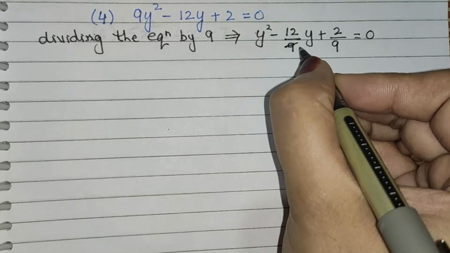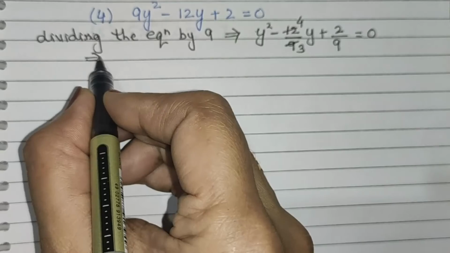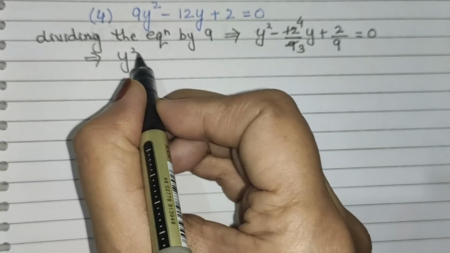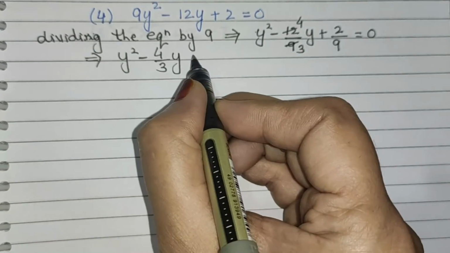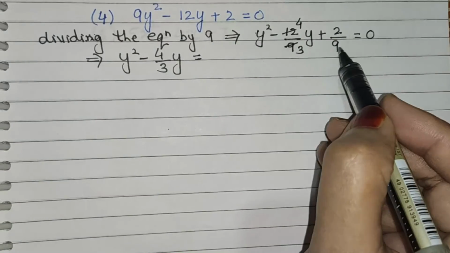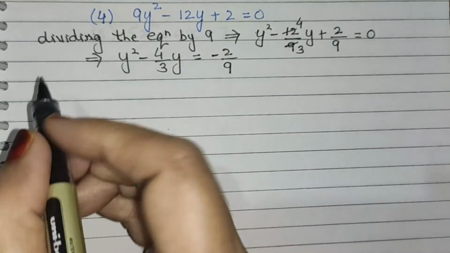Now cancel it. 3 3s are 9, 3 4s are 12. Therefore, y square minus 4 upon 3y. Now transpose the constant term to right hand side, minus 2 upon 9.